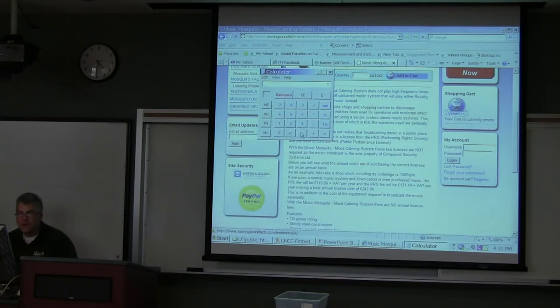One divided by 0.03666666. So the frequency is about 27 bytes per second. That's pretty darn slow.